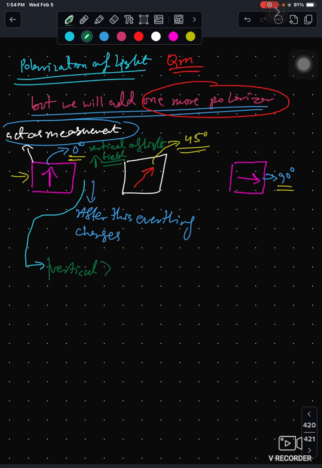According to quantum mechanics, the light is now in that state until another measurement is made.